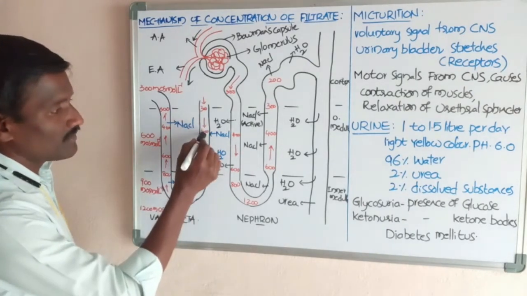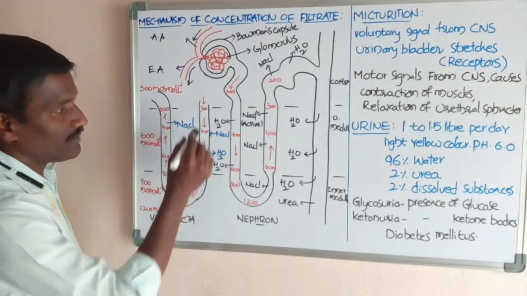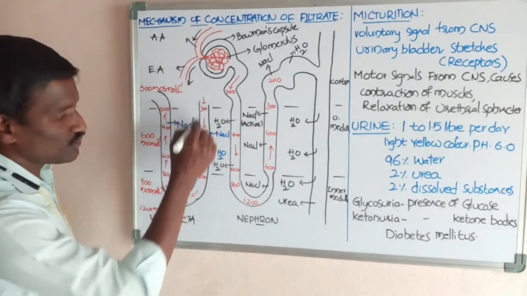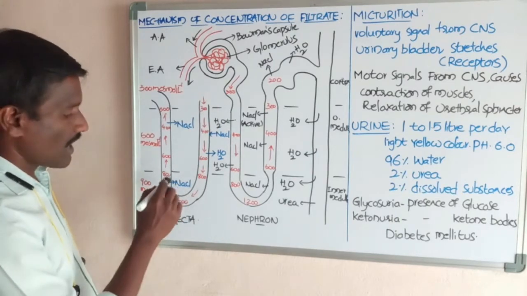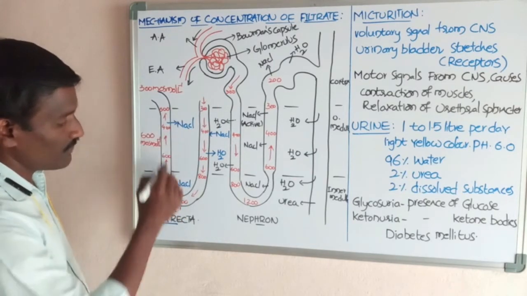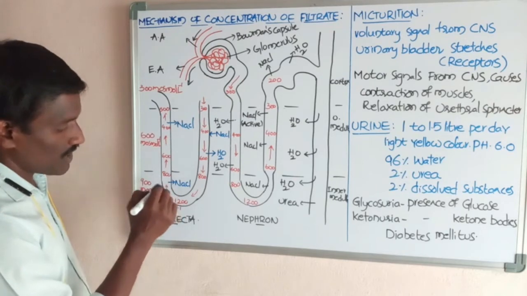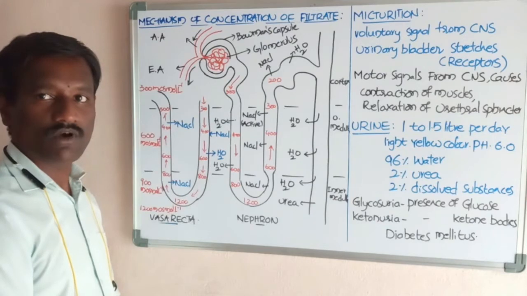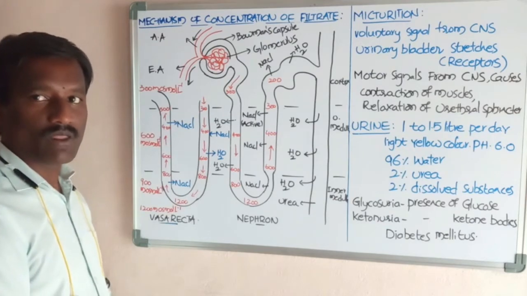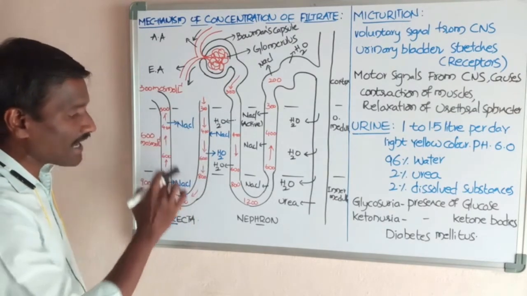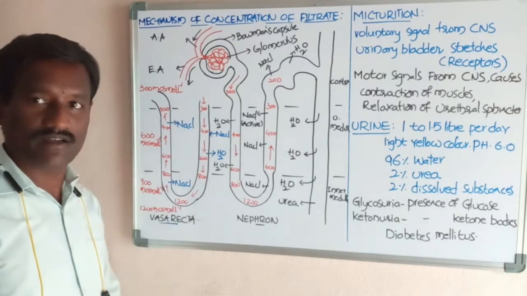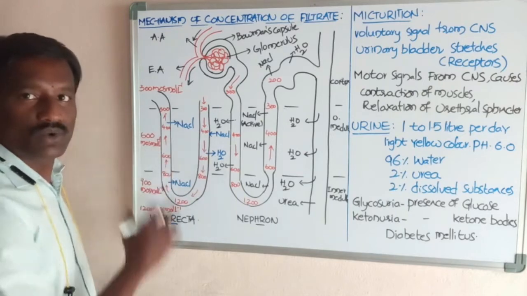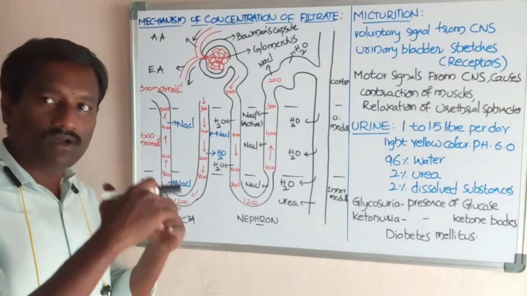If you observe the descending limb, the blood flows from the cortex to the medullary part, and in the ascending limb the blood flows from the medullary part to the cortex part of the kidney. This one is also the counter current. Blood flows in the opposite manner in the two limbs, that is also called counter current.